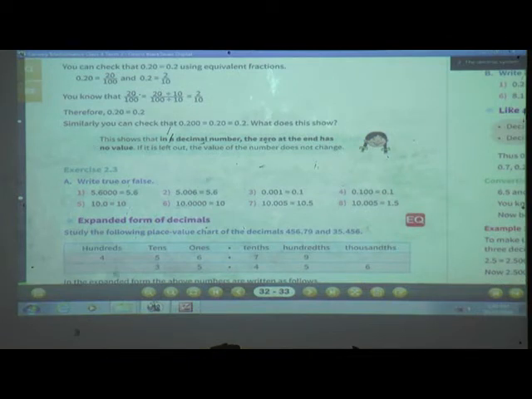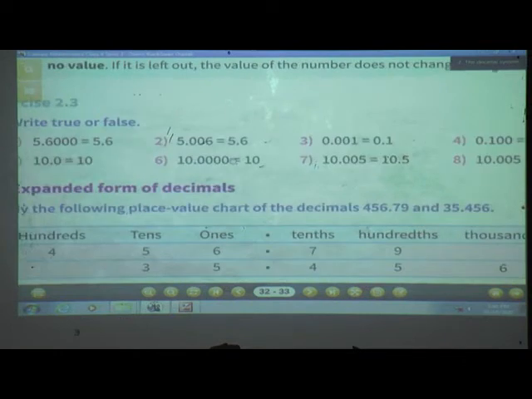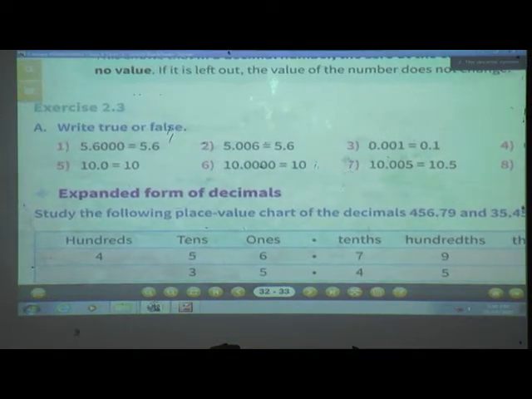Now we will solve our exercise 2.3. Now see what is 2.3, students? Write true or false, isn't it?